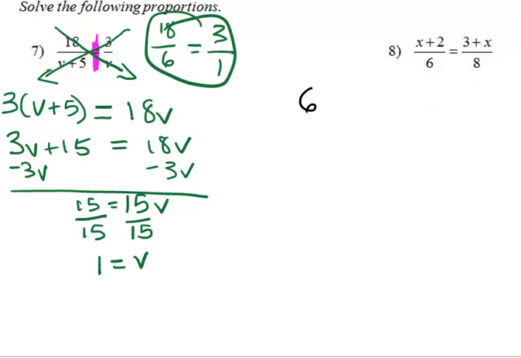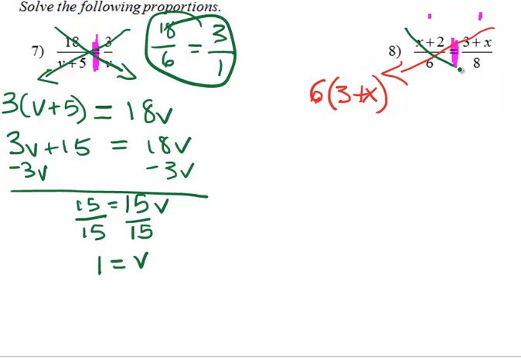Okay, let's take a look at this problem over here. And most importantly, I want to start with saying I have two fractions or ratios that have an equal sign. So I'm going to use cross multiplication to see if I can solve for x. So here on this side, I'll have 6 times 3 plus x.